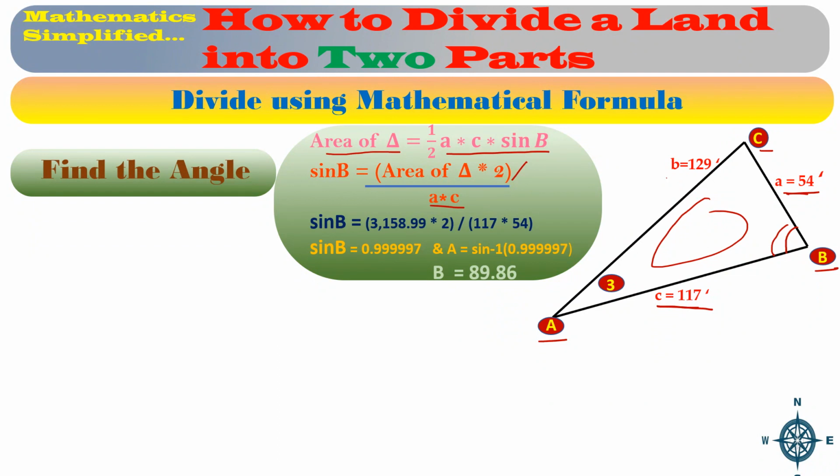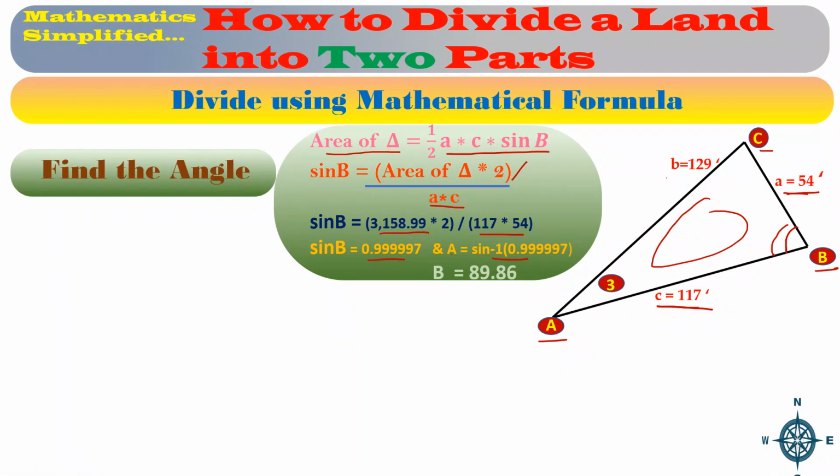So we are putting in the area of the triangle, 3158.99, into 2, divided by the two sides, 117 into 54. Sine B equals this, and then B equals sine inverse. In the calculator, we first find the value of sine B, and then use the inverse function to calculate sine inverse.